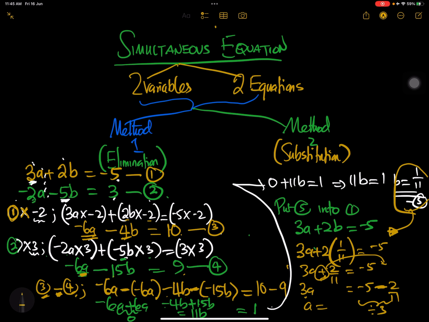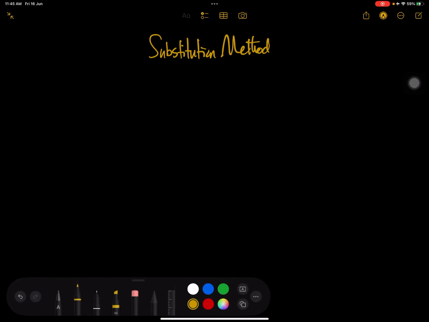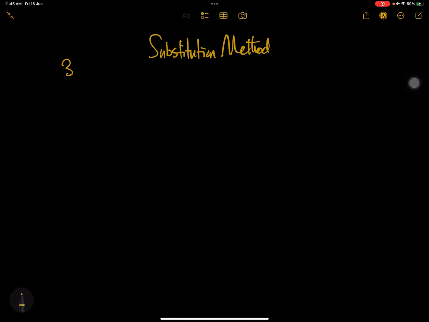Now we are going to look at the second method, which is the substitution method. It is the same question. We have 3a plus 2b is equal to negative 5, which we named equation 1, the yellow equation.